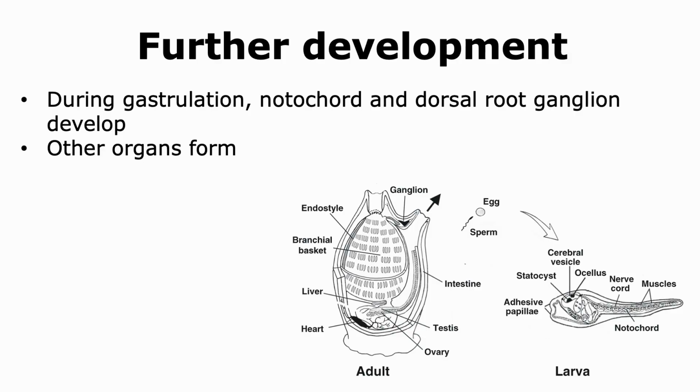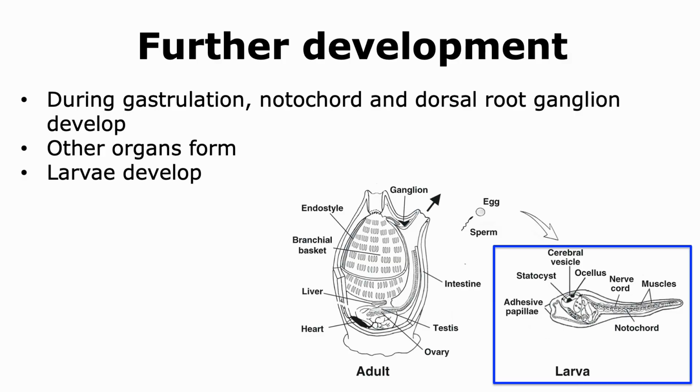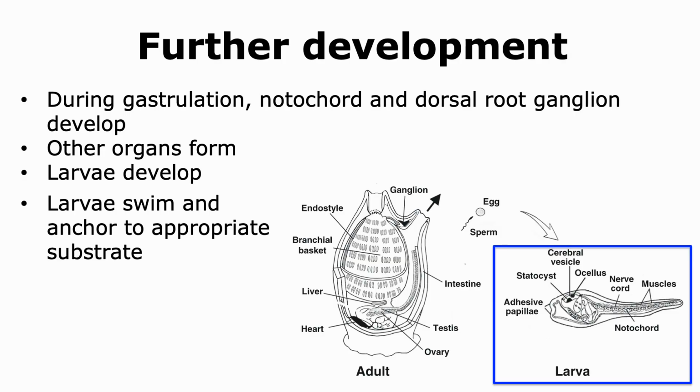As development progresses in the case of tunicates, organs form and we end up with a larva. The larva, as we are shown in the figure, has different structures which include the notochord as well as the nerve cord, which help the larva swim around in the ocean or in their environment and find an appropriate substrate.